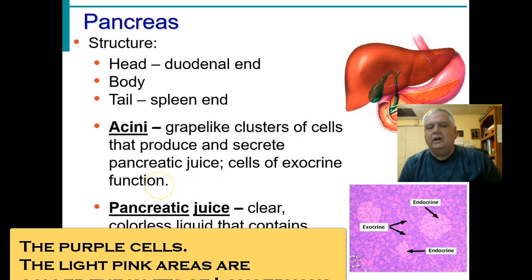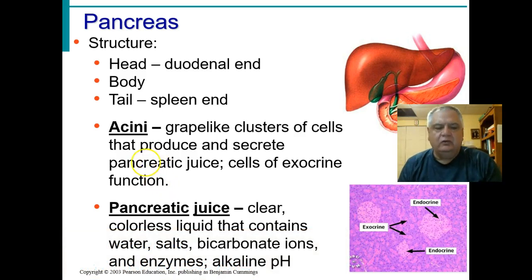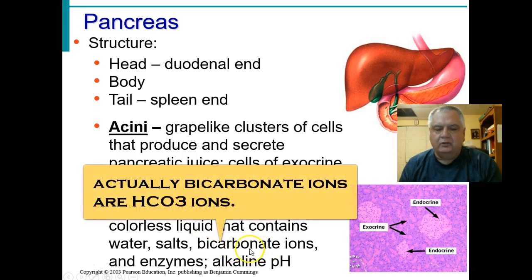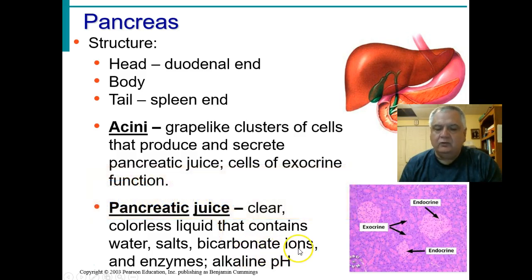Now, what is pancreatic juice? Pancreatic juice is a clear, colorless liquid that contains water. It contains salts or ionic compounds. It contains bicarbonate ions, and these bicarbonate ions are going to be able to combine with hydrogen ions to neutralize the hydrochloric acid, or the low pH, of the stomach.